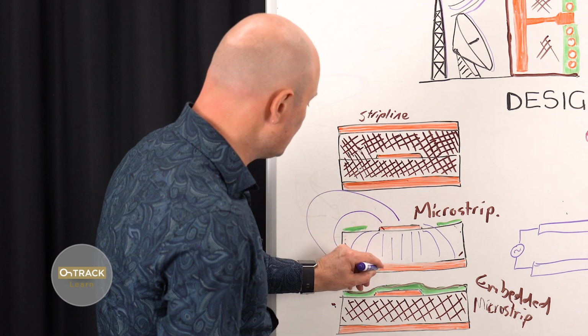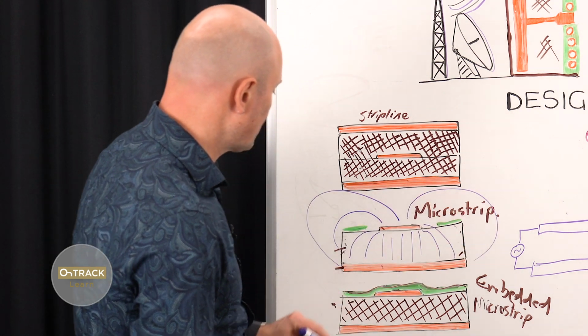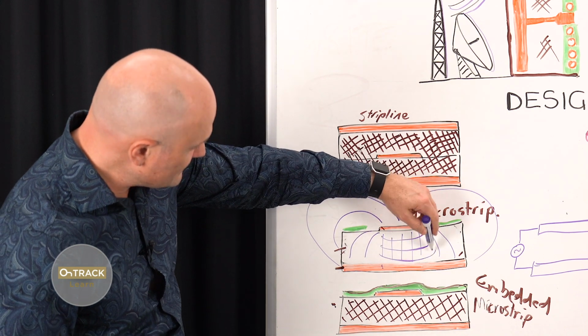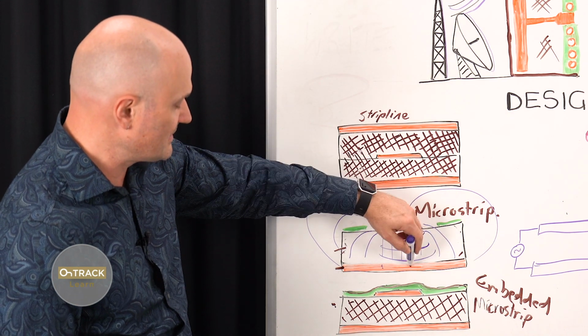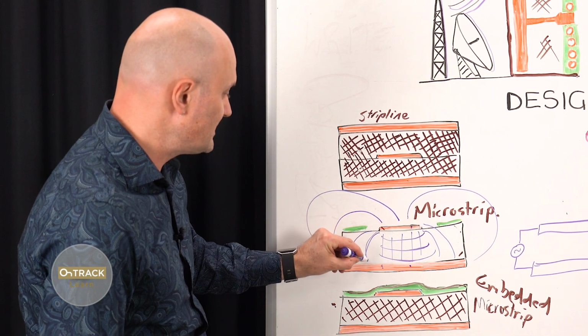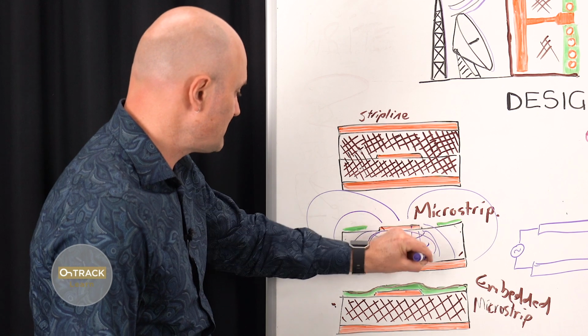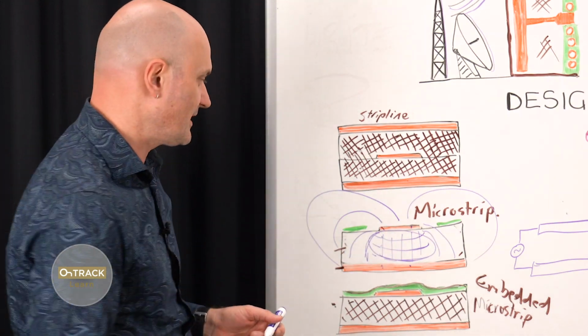They all couple into the reference plane, right? So the signal energy is densest in this region between the trace and the plane. Most of the energy travels in that space there. It's all about the space, as Dan Beaker would say.